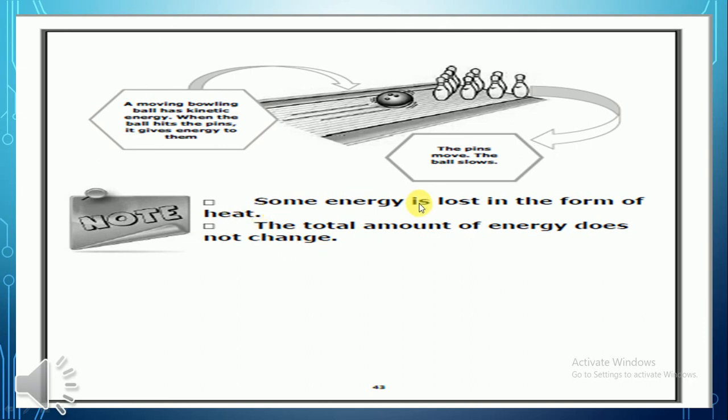Some energy is lost in the form of heat. When they hit each other, if you touch them, you can find them a little hot. So some energy is lost in the form of heat, and the total amount of energy doesn't change. Do you remember? The total amount of energy doesn't change, it stays the same, just the forms change.